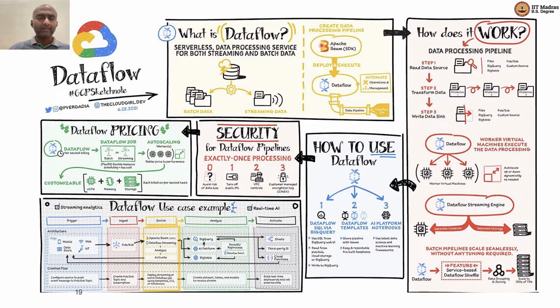So you create your data processing pipeline using the Apache Beam SDK, and then Dataflow becomes the place where you deploy and execute. Notice that the code is different from the execution environment. Dataflow is the execution environment, and it's a serverless infrastructure, so it allows you to monitor and automatically manage scaling and things like that.